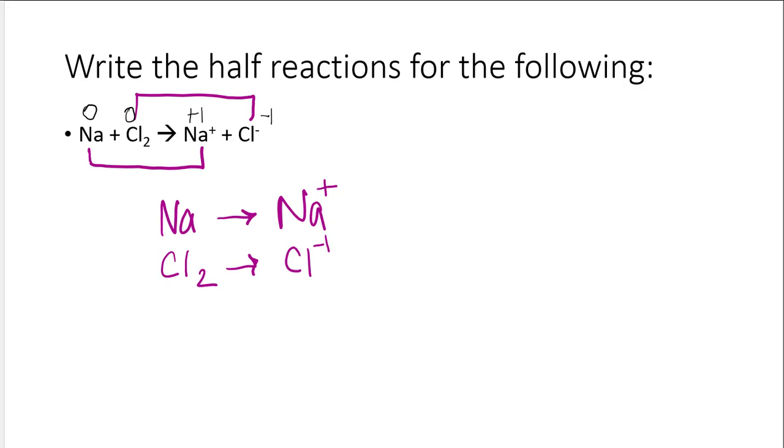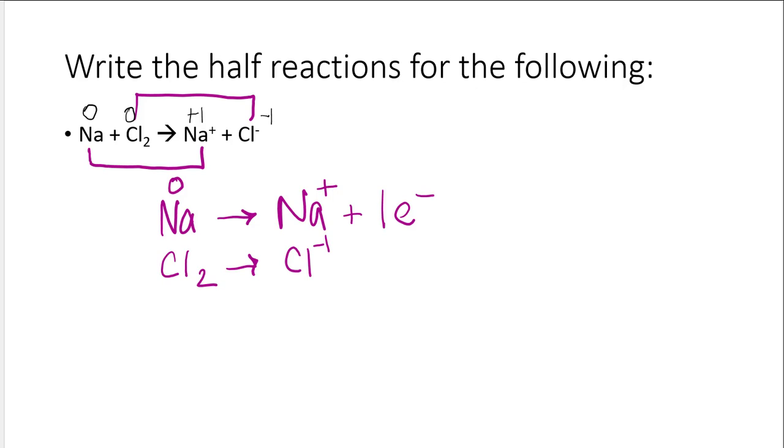I have 1 Na and 1 Na⁺, but I have to make them electrically balanced. So remember my Na up here is 0 charge and this is +1. To have an equal balanced side, I need to add 1 electron on my right side. Therefore, 1 negative and 1 positive equals 0.